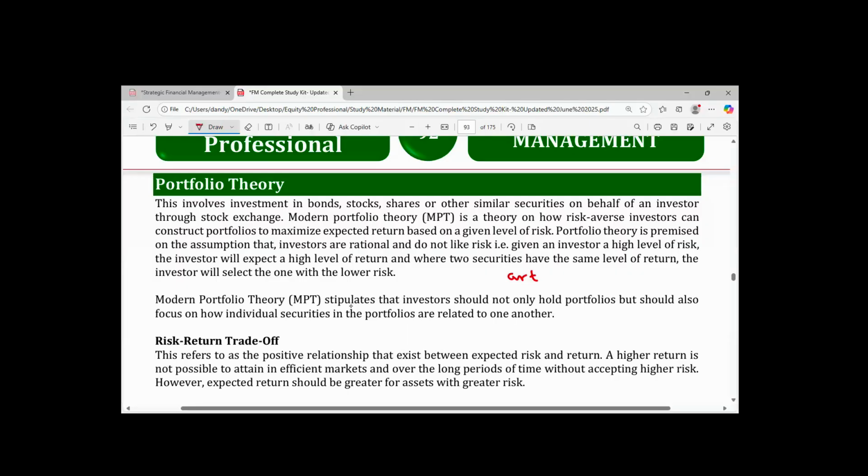For example, you as an investor or you as an individual, let's say you have a surplus fund, an amount of money somewhere like, let's say 1 million naira.